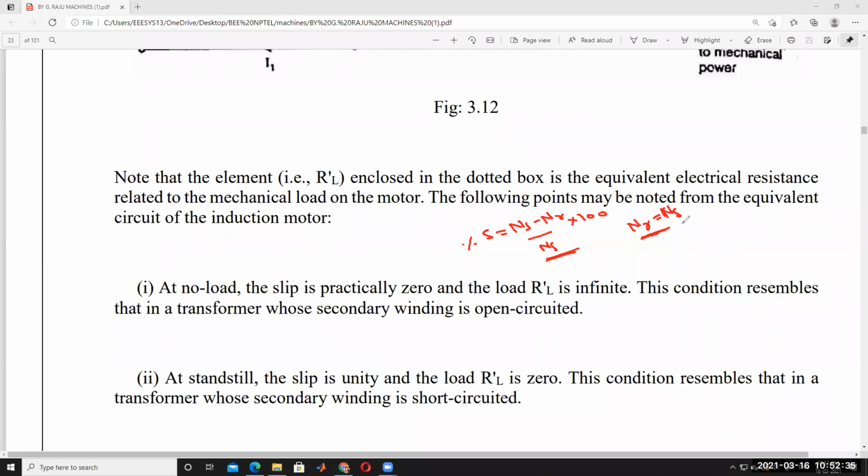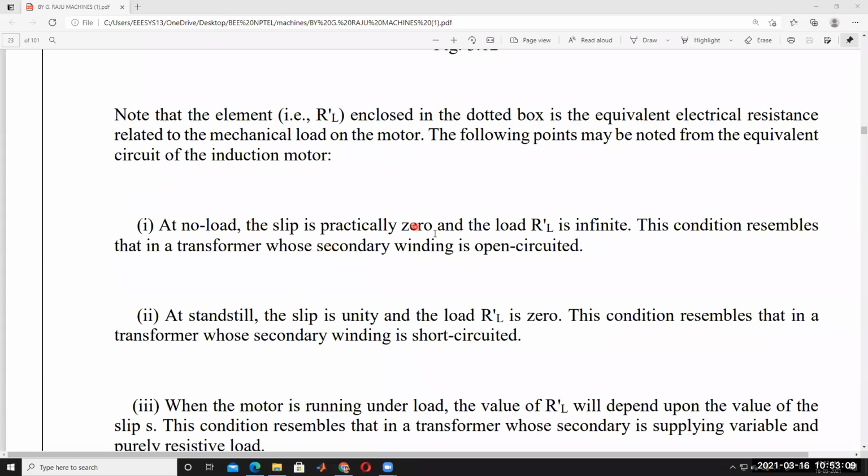For example, if the stator speed is 1500 rpm, the rotor speed may be 1499 or 1498 rpm. So it is almost equal. That's why the slip becomes almost 0, not exactly 0. At no load, slip is practically 0.